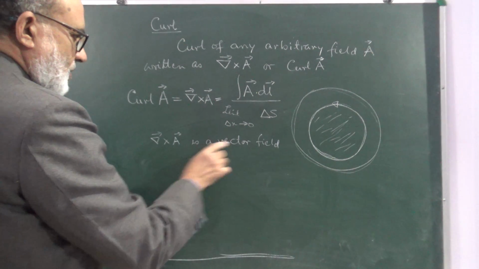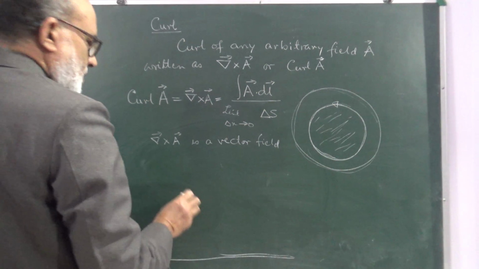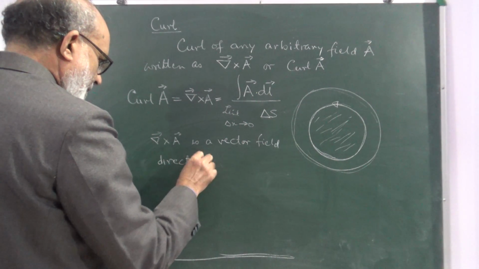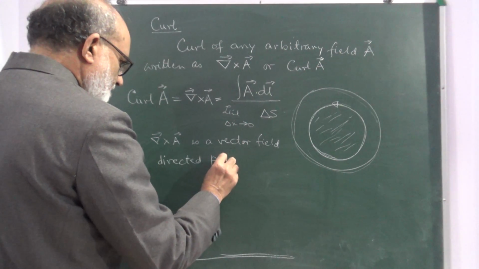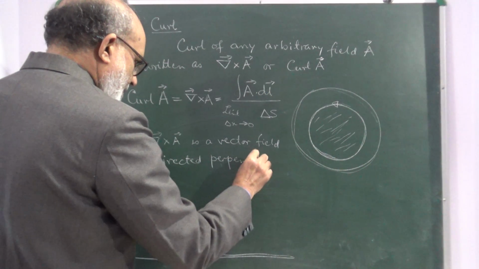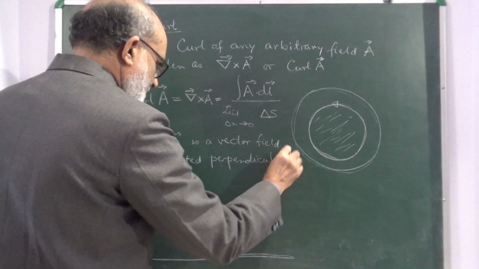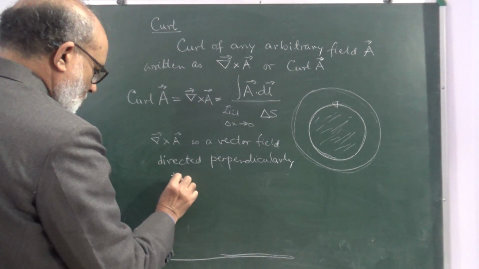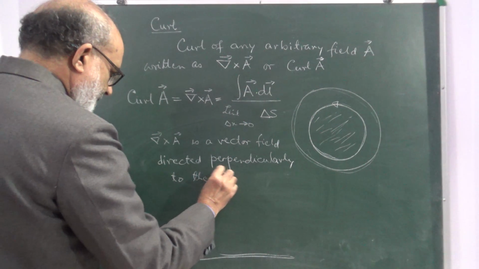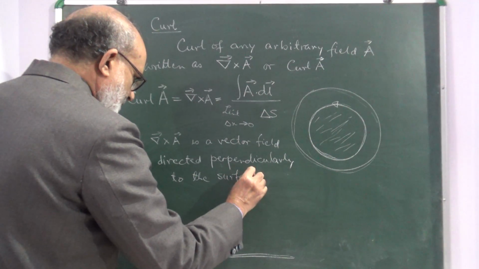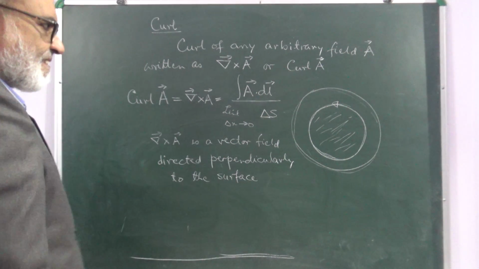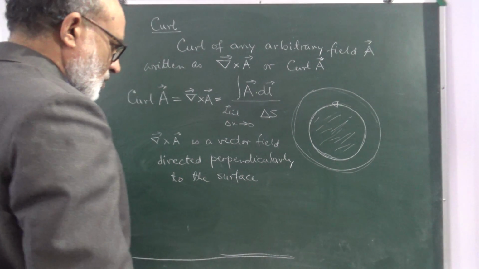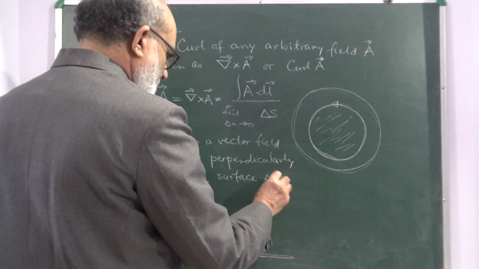The curl of A is a vector directed perpendicularly to the surface, say delta S.